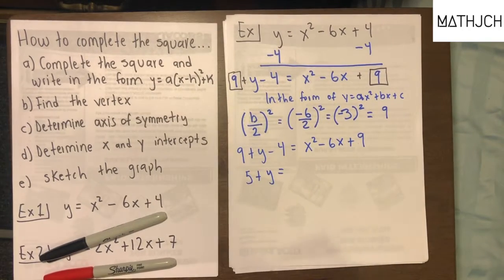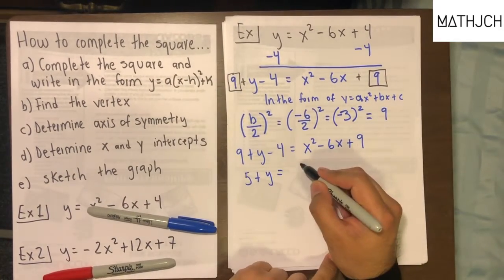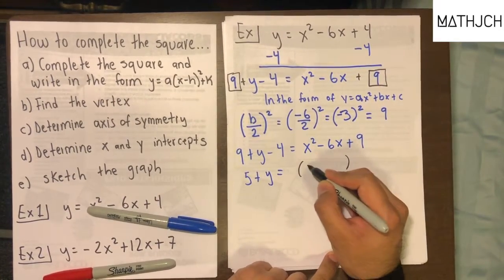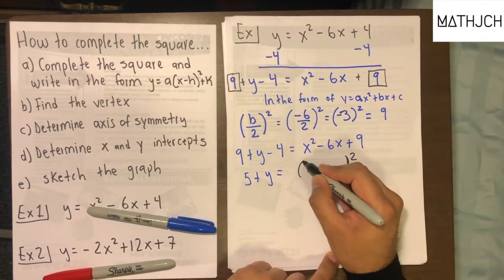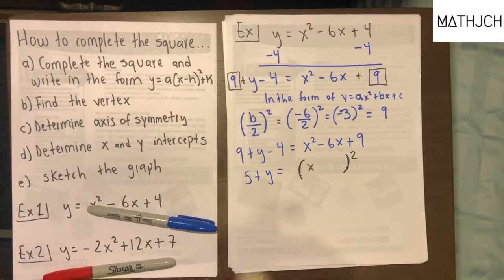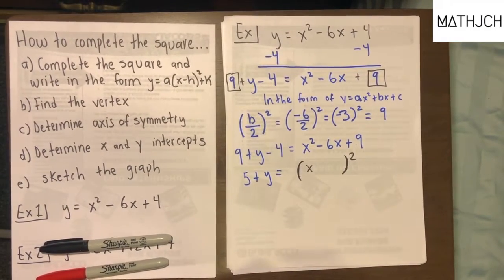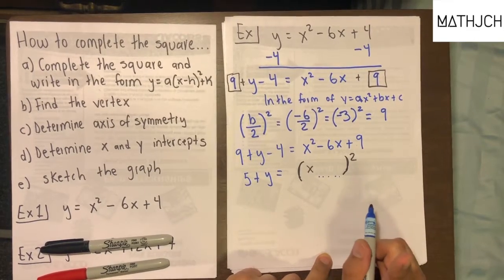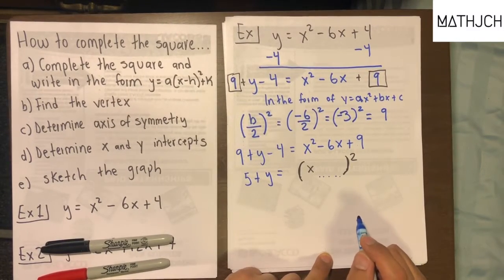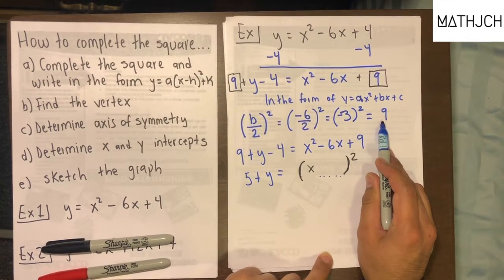That means it's always going to be in this format: some x, and then to the power of 2. But one number is going to go here. It's very easy and straightforward.